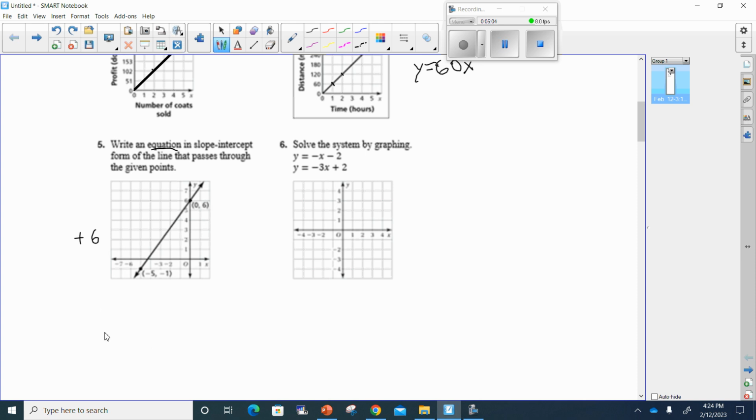To do this, I'm going to take, well, y2 minus y1 over x2 minus x1. And we're going to take y2, which is 6. We're going to minus negative 1. And then we're going to take 0. That's the x on this one, and minus negative 5.